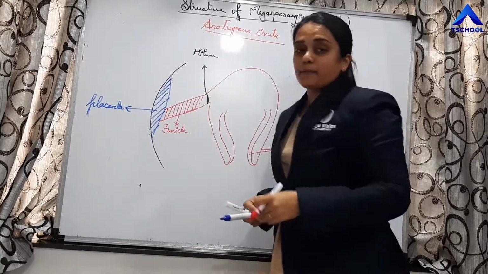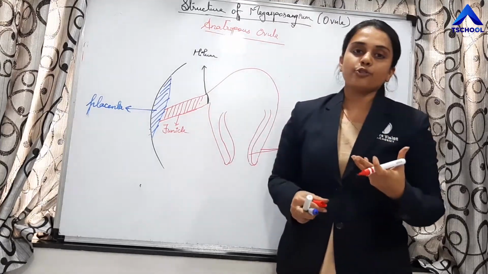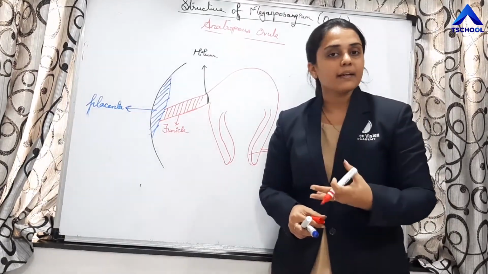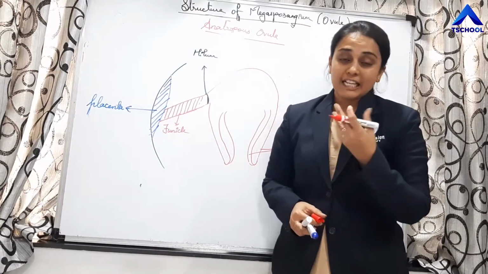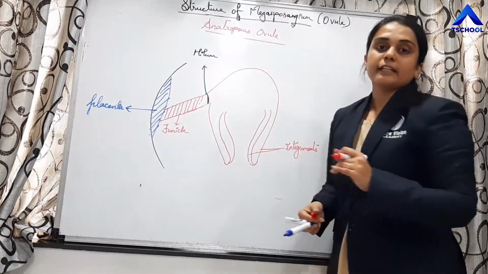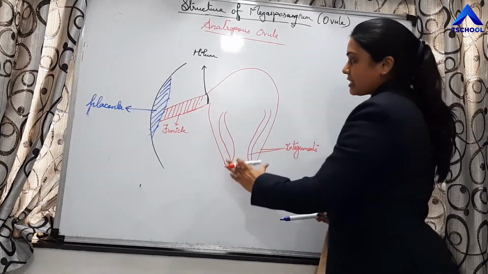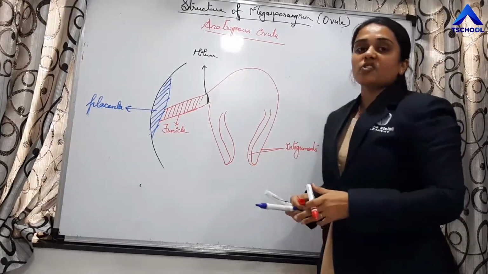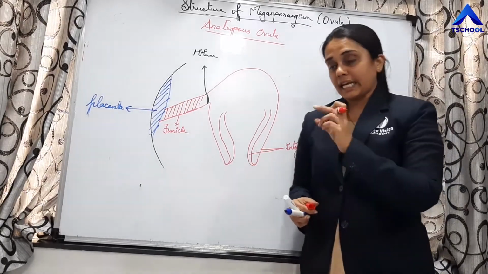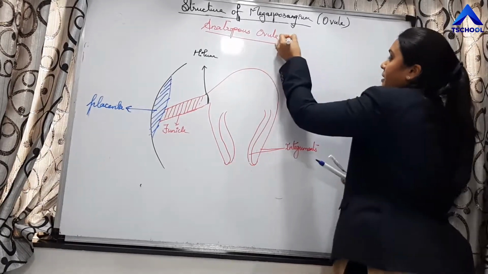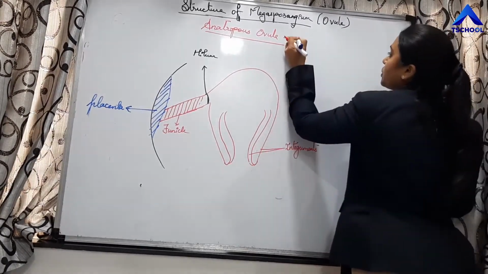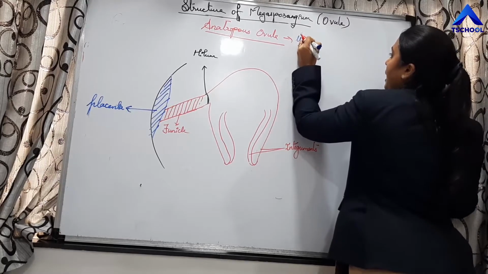There are different types of ovules such as orthotropous, anatropous, hemianatropous, campylotropous, circinotropous. We will study it in the next lecture, right? But the ovule structure which we are studying is of a typical anatropous ovule which is commonly seen in angiospermic plants. This ovule is an upside down ovule.